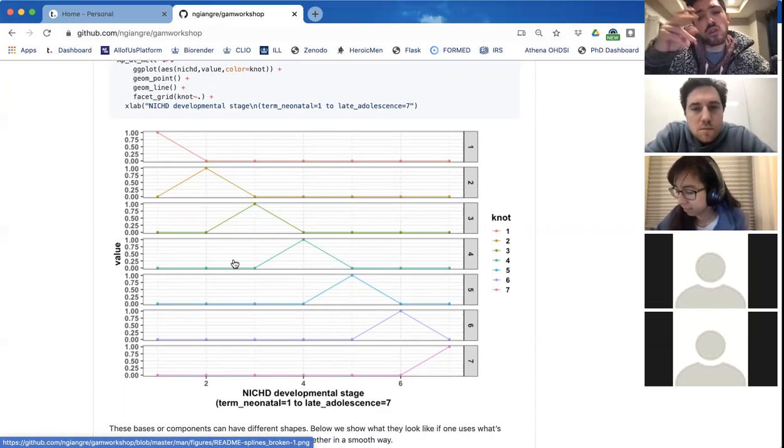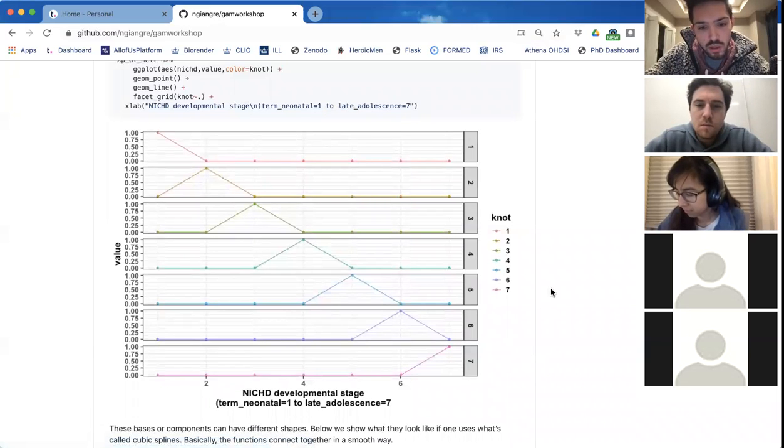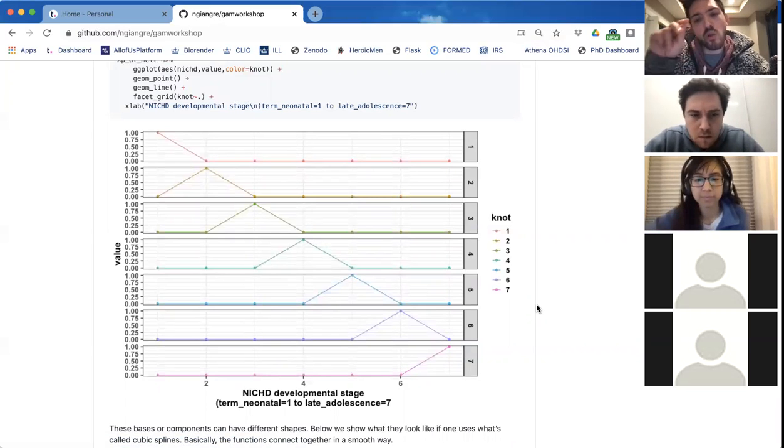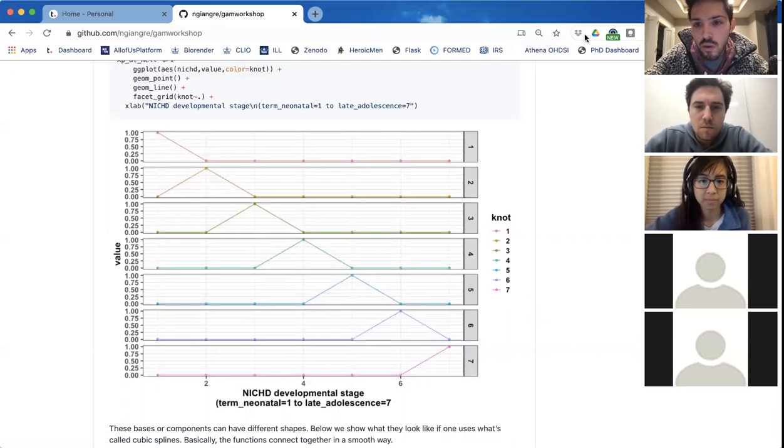And then in the spline, you would add them together. So now you're fitting a spline model that takes into account values at all the stages at the same time.